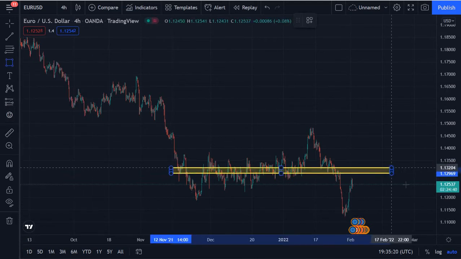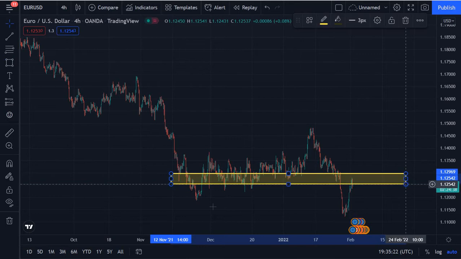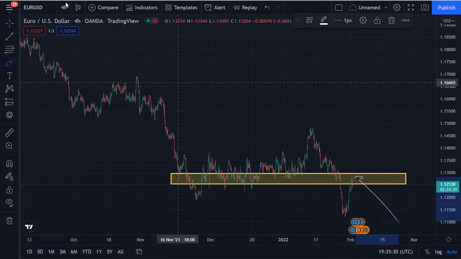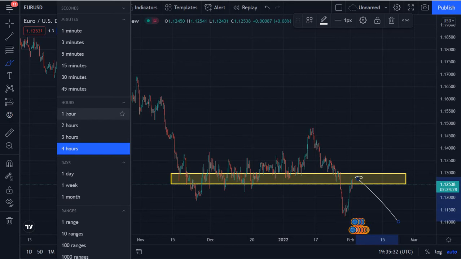here we could insert some kind of resistance line. So pretty much here it is, this zone where we should actually continue to go lower from here somewhere.